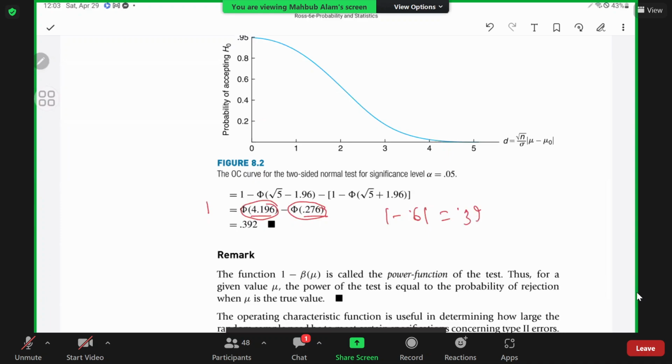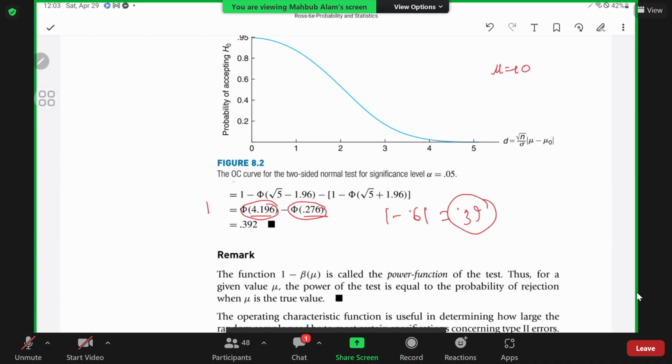So what we see here is that when the true value of mu is equal to 10, then the probability is 0.39. That means almost 40% of cases we accept the false null hypothesis. And a curve is shown here.